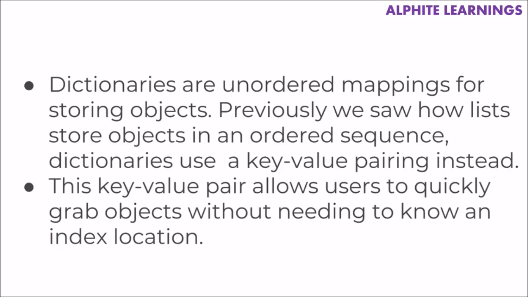As I said, dictionaries are unordered mappings for storing objects. Previously we saw how lists store objects in an ordered sequence. Dictionaries use a key-value pairing instead. Just remember this word, which is the key word for dictionary: key-value pairing. This allows users to quickly grab objects without needing to know any index location.